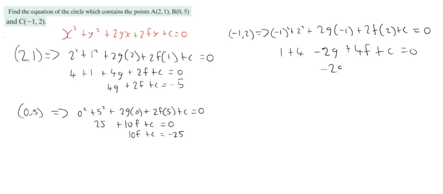So we get -2g + 4f + c = -5. So now we've got 3 equations with g, f and c in them.